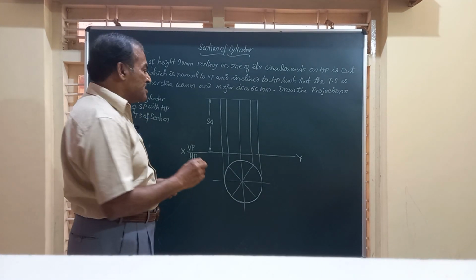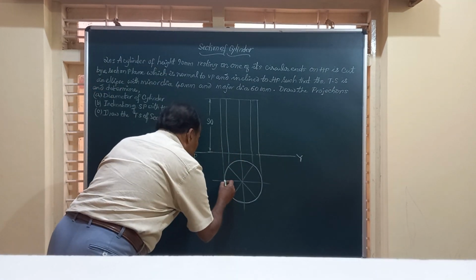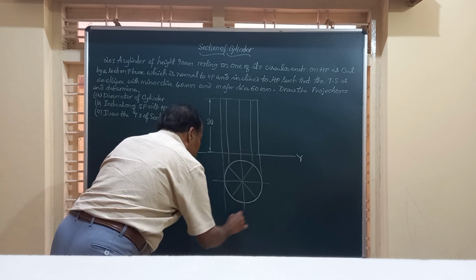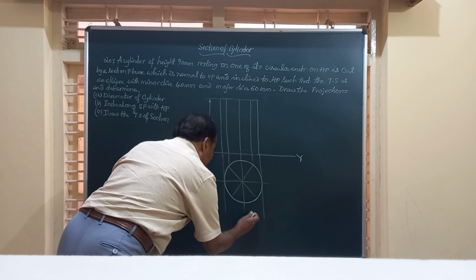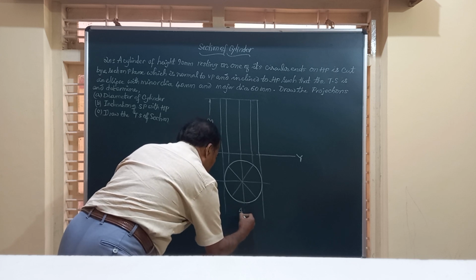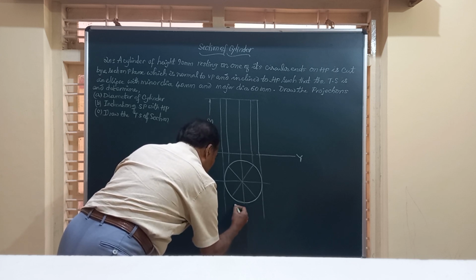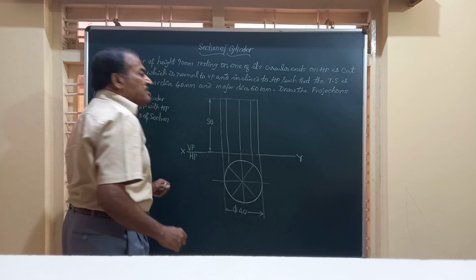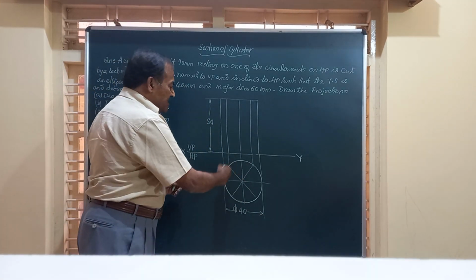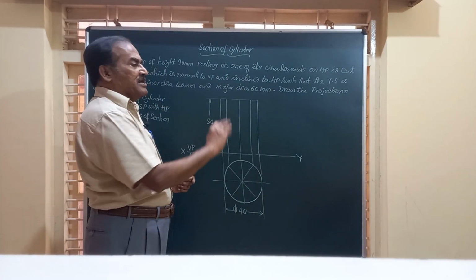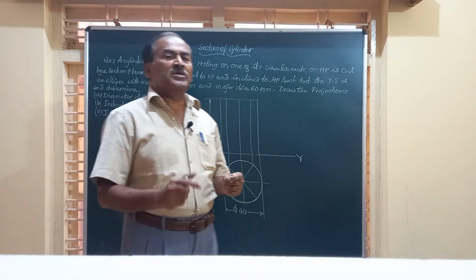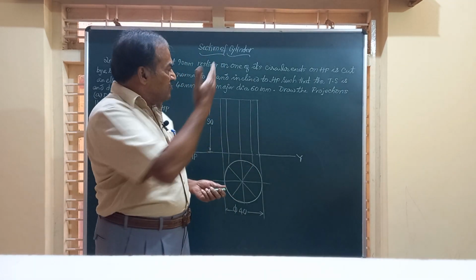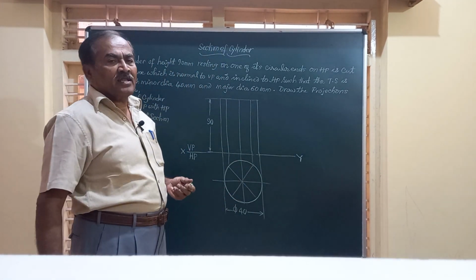So based on this concept, I have written a circle here in the top view having diameter equal to 40 millimeter. In the same problem, if the ellipse you are getting is 50 millimeter minor dia, then the circle diameter is going to be 50 and so on. Without knowing this fundamental concept on the section of solids, you cannot work out this problem at all.